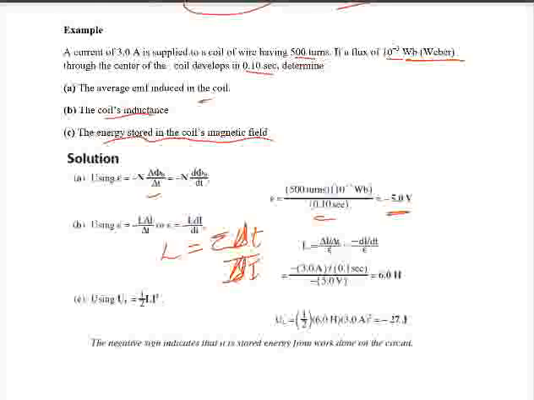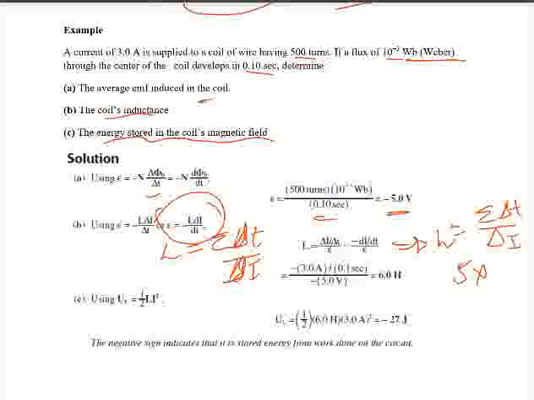The equation which you derive from this is that inductance is equivalent to induced EMF multiplied by change in t, divided by change in I. Therefore, the induced EMF is 5 multiplied by change in t, which is 0.1. The current is how much? The current is 3. Therefore, finally, you get 0.5 divided by 3, which is around 0 point something.